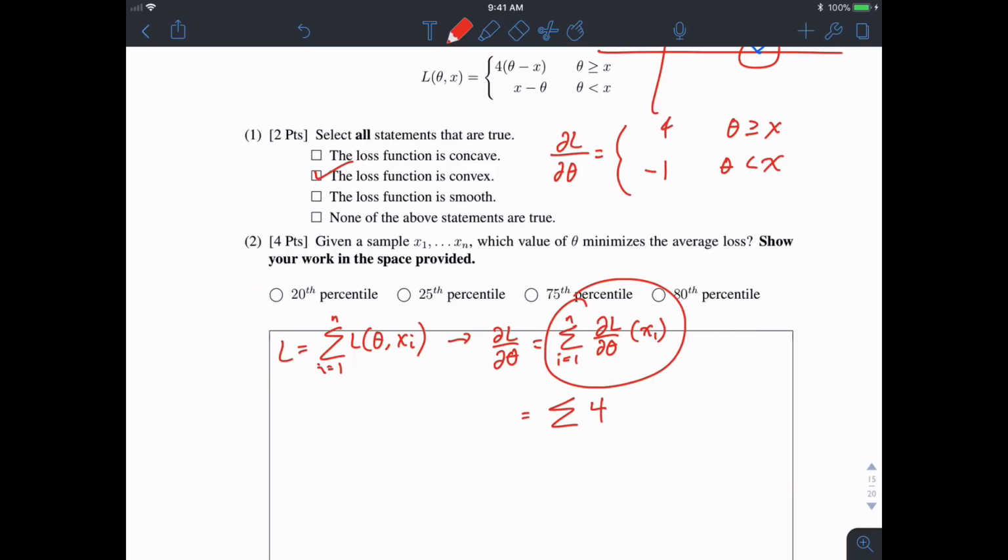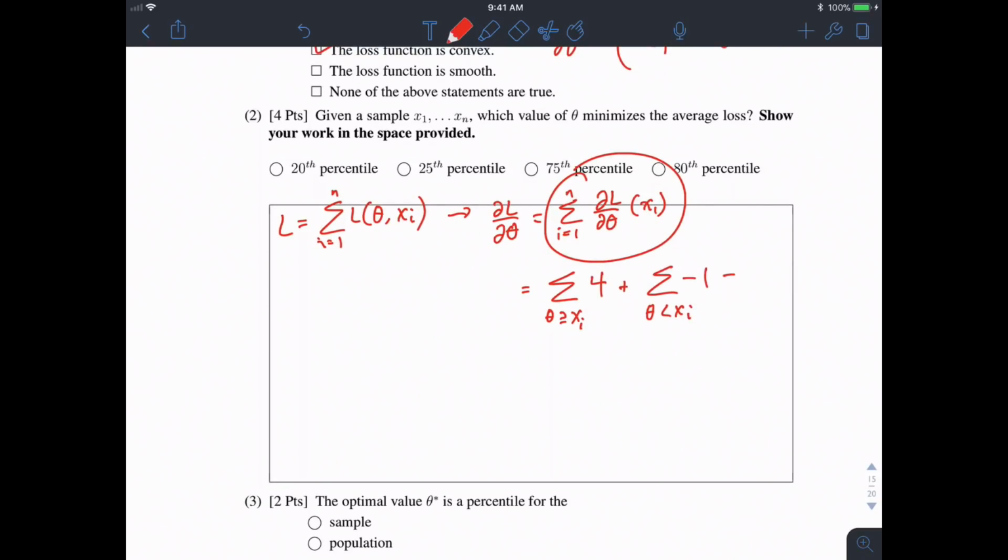It will be 4 for the terms where theta is greater than or equal to xi, and it will be equal to -1 when theta is less than xi. Okay, so we can break apart our original sum, going from i equals 1 to n, into 2 separate sums. One of the value 4 for when theta is greater than xi, and one of the value -1 for when theta is less than xi.